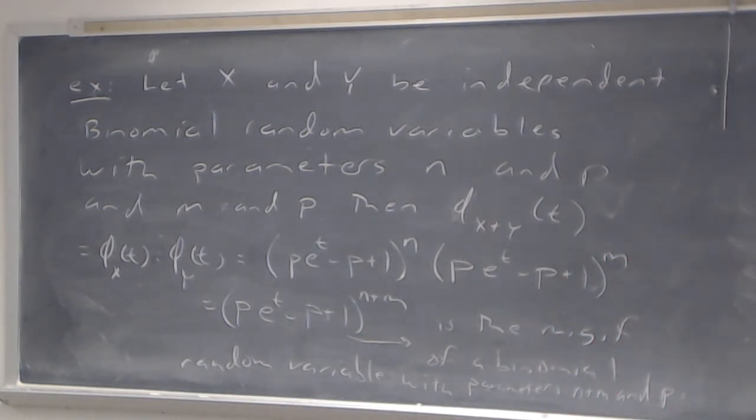And now let's look at an example where we have two independent, normally distributed random variables.